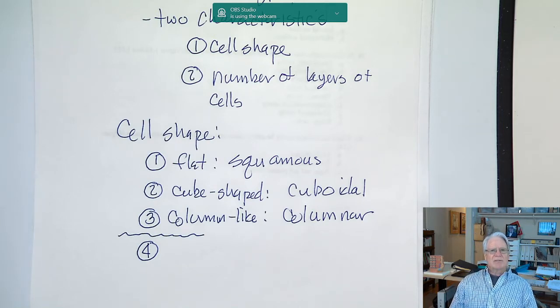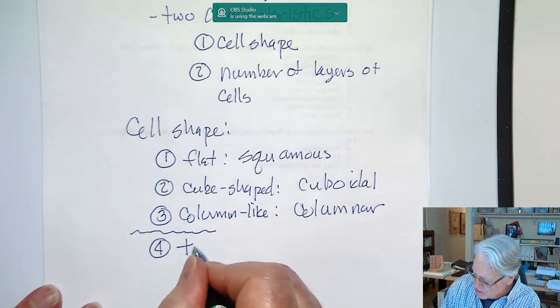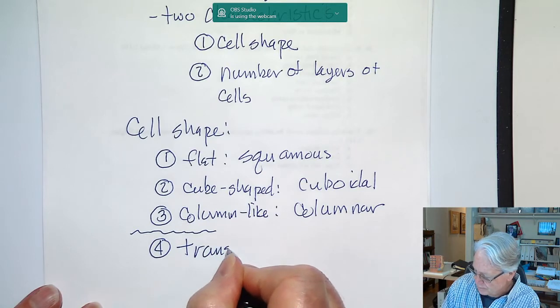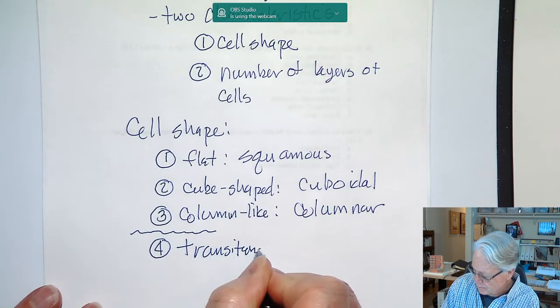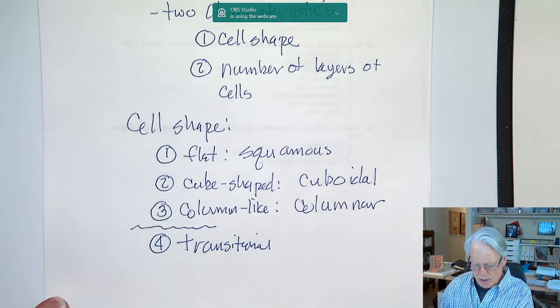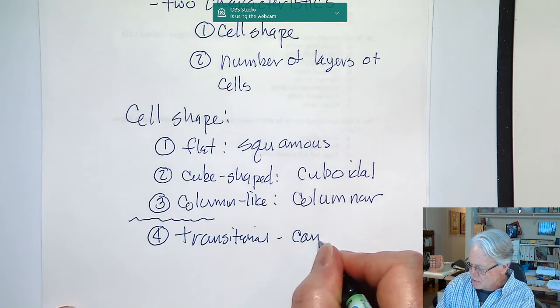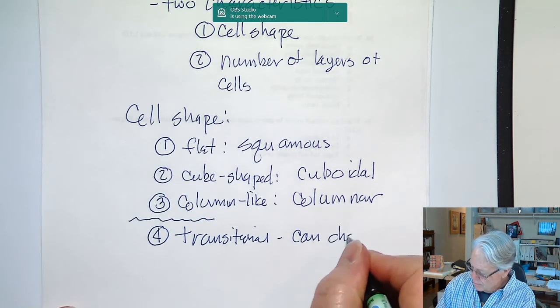It certainly doesn't make sense to put it under number of layers. But let me write it down and describe it a little bit, and then you'll see what I'm talking about. So this is called transitional. These are transitional cells. And what these cells can do is they can change shape.